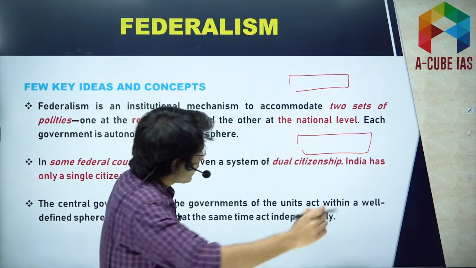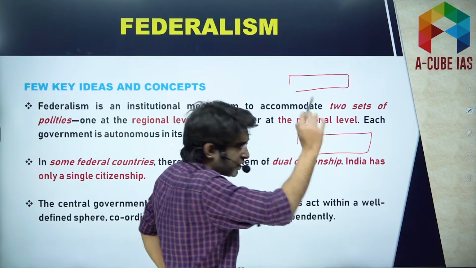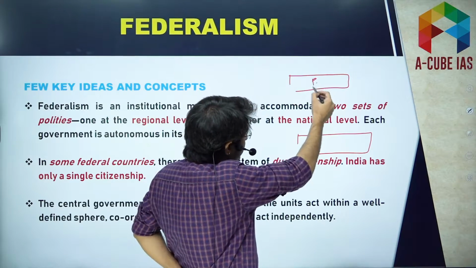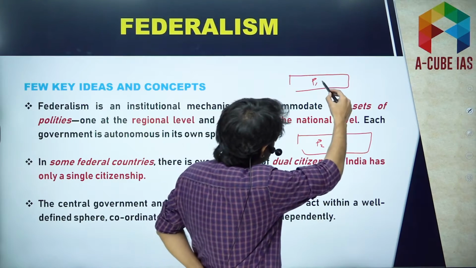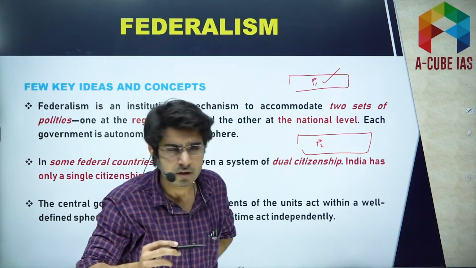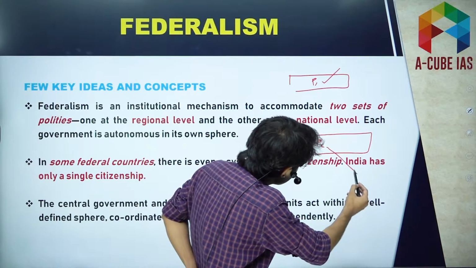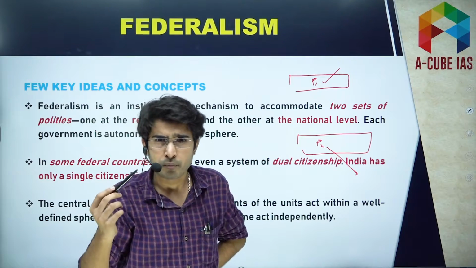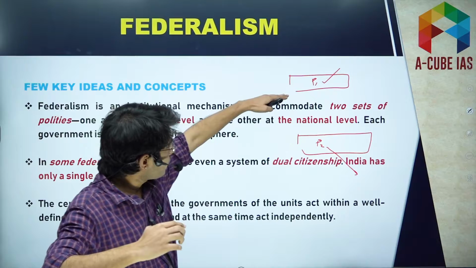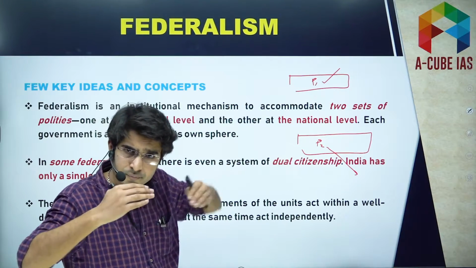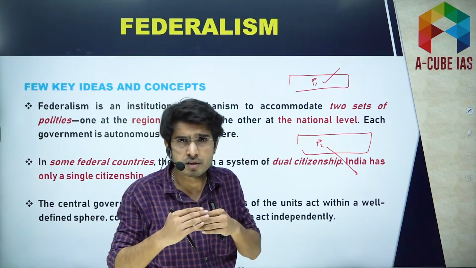Let's say this polity is P1, this polity is P2. P1 is the central system, and P2 is the regional system.